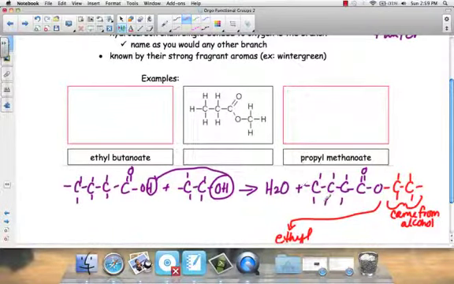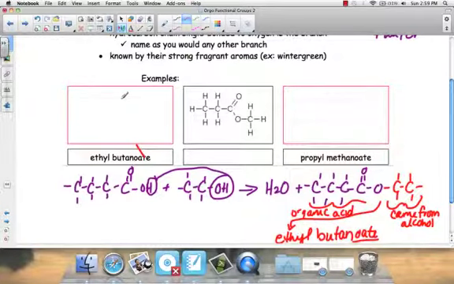And then this part here came from the organic acid. So we're going to name that now. 1, 2, 3, 4. So we're going to take butane, drop the E, and add OATE, butanoate, ethyl butanoate.